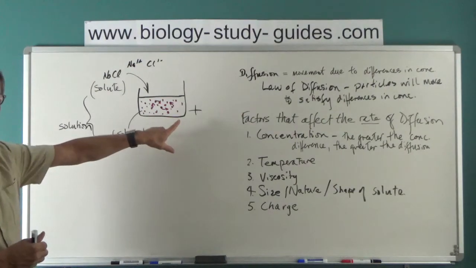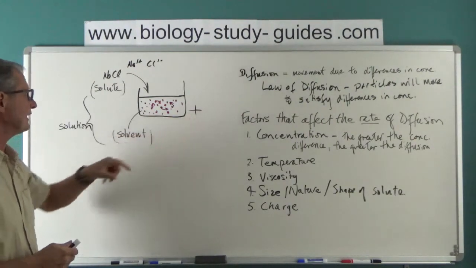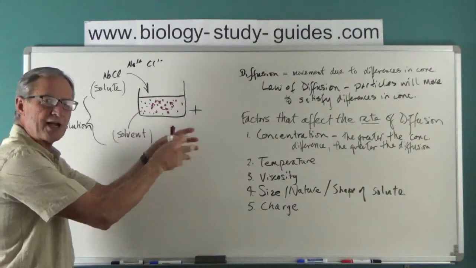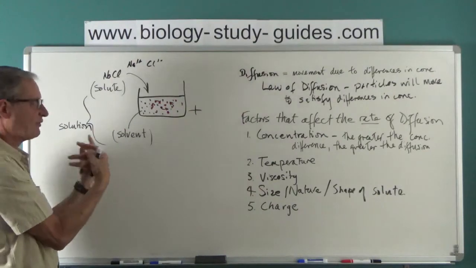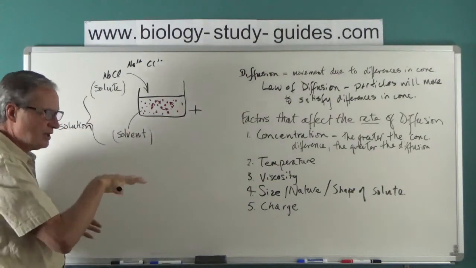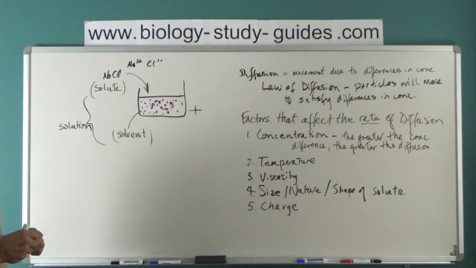That's not very realistic, but if there's a large say lead ion over here, something like that, that's going to affect it as well, because the chloride ions will be drawn towards that side, the sodium ions will be repelled away from it because like charges repel, opposite charges attract, that sort of thing. So there could be a charge that's associated with it, so that has something to do with it as well.